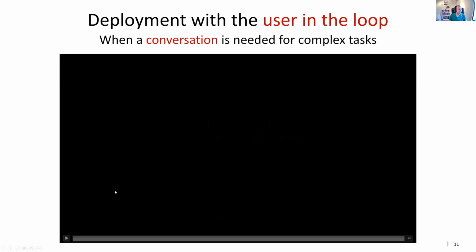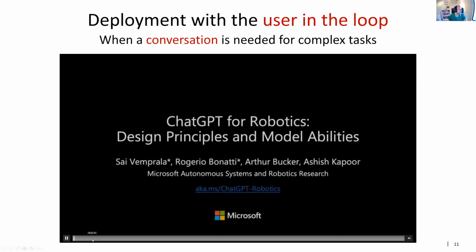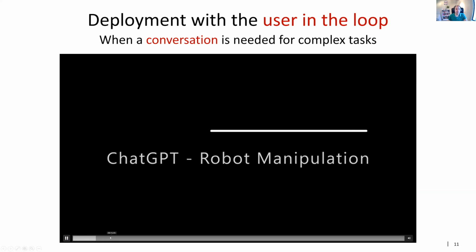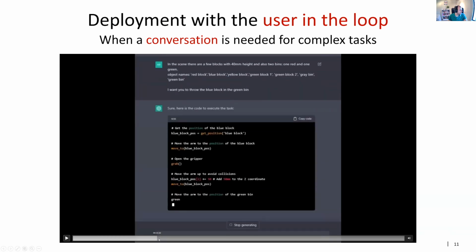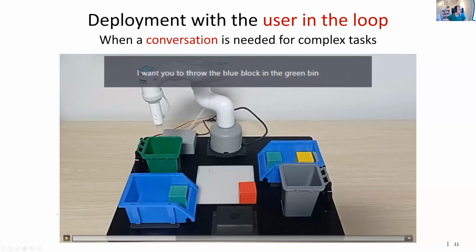I said before that sometimes it's not enough, or the task is too complex, that you cannot have a zero-shot output from the model working properly. So you need the conversation. In this case, we had a manipulator, and I'll skip a little in the video. Initially, we're doing very simple tasks like "throw the blue block in the green bin," and the robot basically picks it up and puts it there.